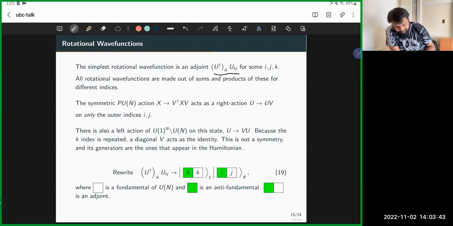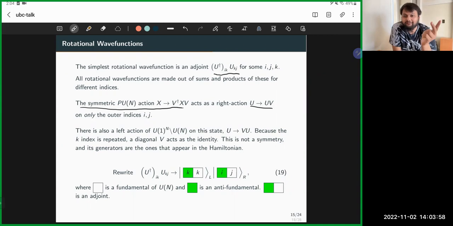Now there is a symmetric U(N) action on the X, which acts on the unitary as U goes to UV. If you just look at this elementary piece, you'll notice that the symmetry action only acts on the two outer indices i and j. It leaves the k untouched, right?